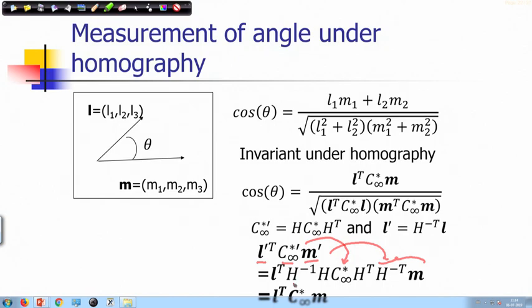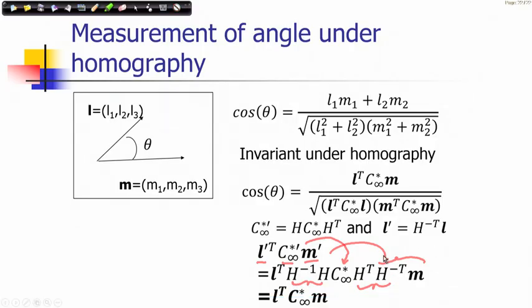And as you know, H inverse H would be the identity matrix. Similarly, H transpose and the inverse of H transpose also form the identity matrix. So, what you essentially get is that this is equal to L transpose C infinity star M.